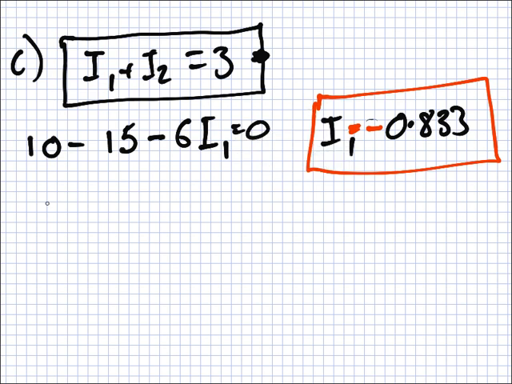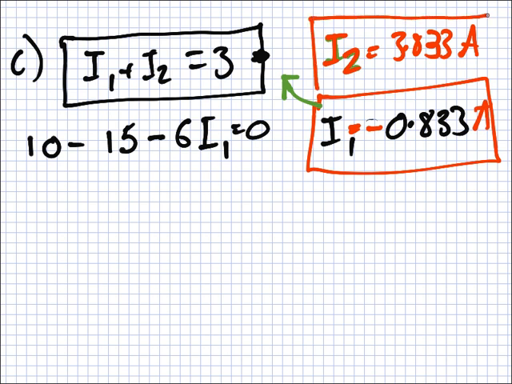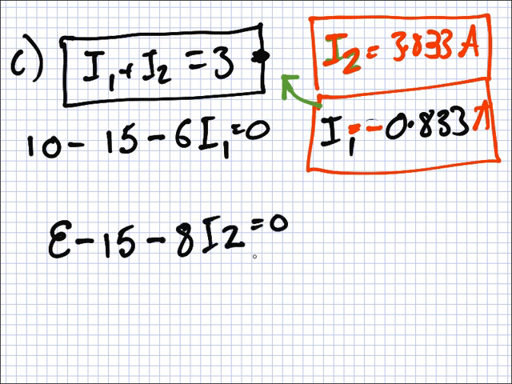And we'll need to make another loop. Oh wait, hang on. This already gives me I2. I2 will equal 3.833 amps. Oh wait, this question is becoming suspiciously easy. And let's get the E. E minus 15 minus 8I2 equals 0, right? So E will equal 15 plus 8 times 3.833.